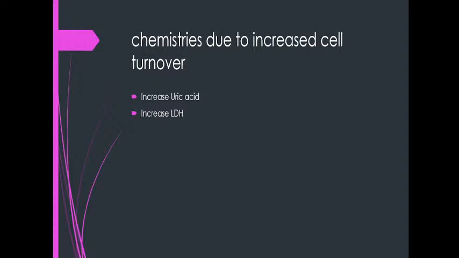What do you mean by increased cell turnover? It means cell death or cellular multiplication. The more nuclear material is being released into the bloodstream, the more uric acid there is. The more cellular divisions occur, the more uric acid you're going to see in the patient's serum.